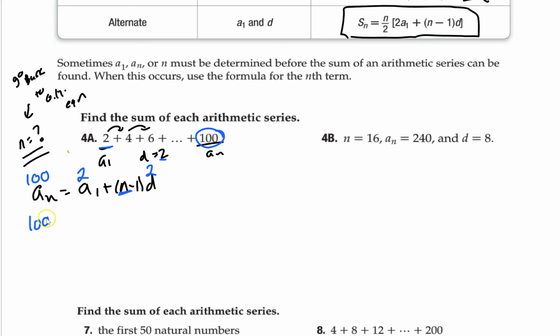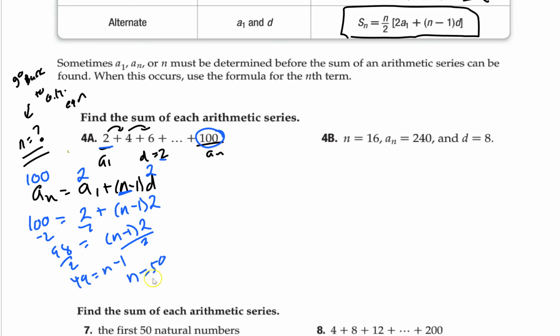So here I have 100 equals 2 plus N minus 1 times the common difference 2. There are lots of ways you can do this. You can distribute the 2, add them up. I'm just going to subtract 2, get 98 equals N minus 1 times 2. I'm going to divide by 2 here. 49 equals N minus 1. Add 1. N equals 50.